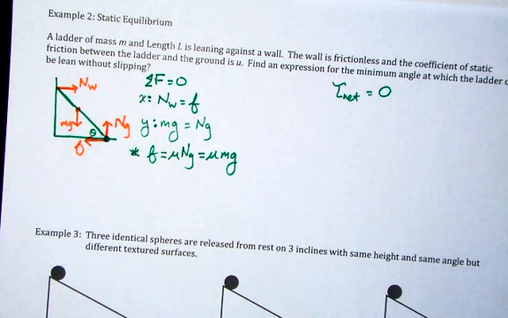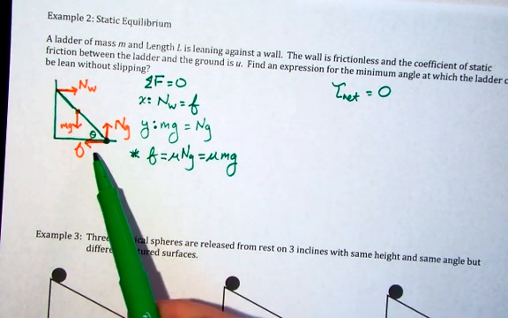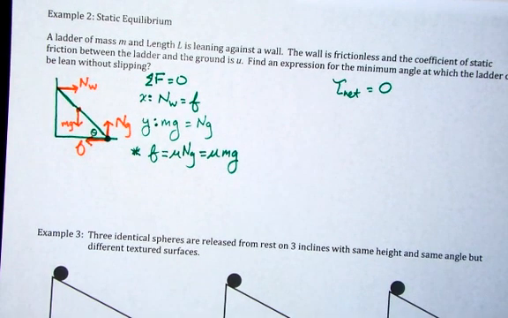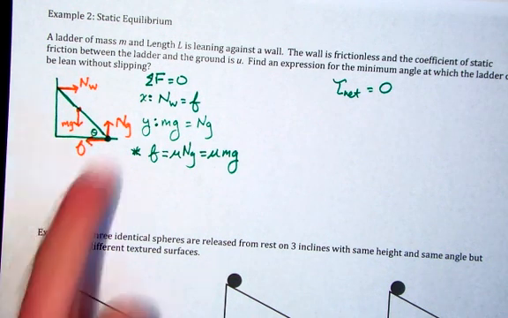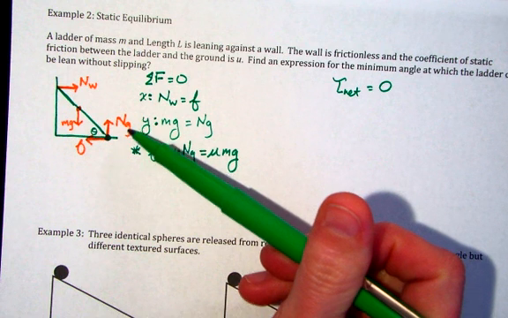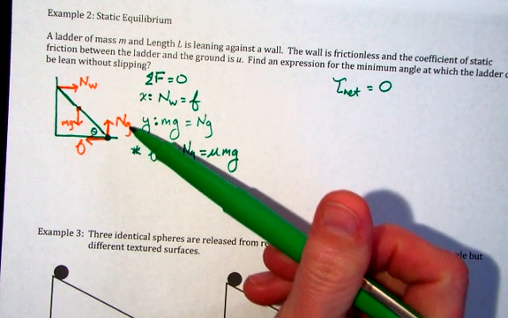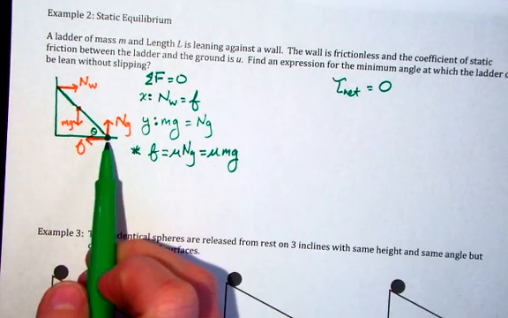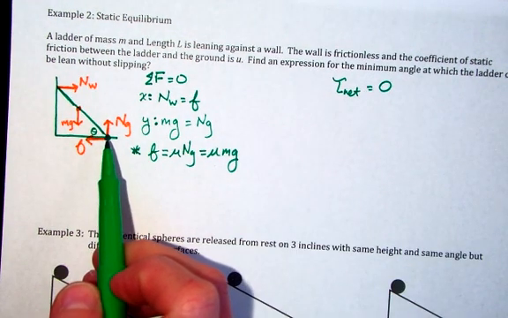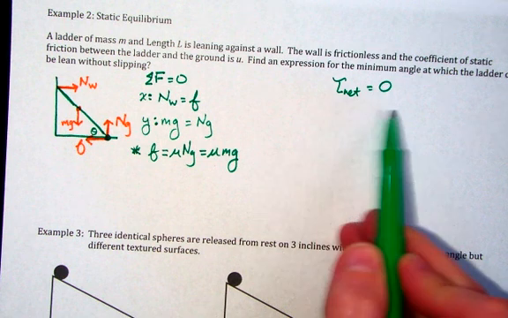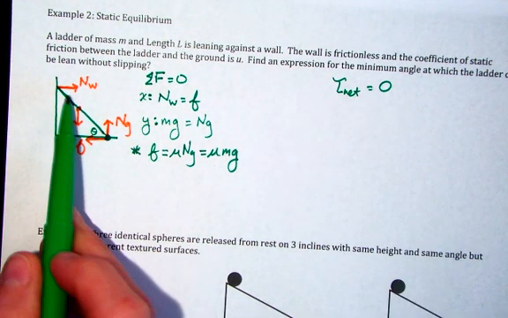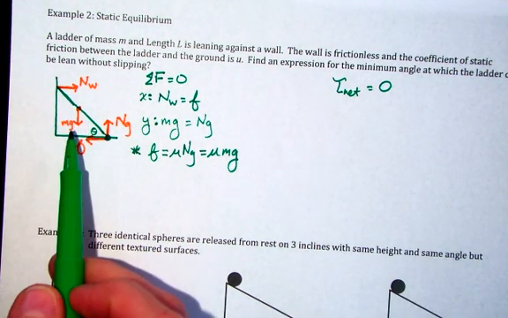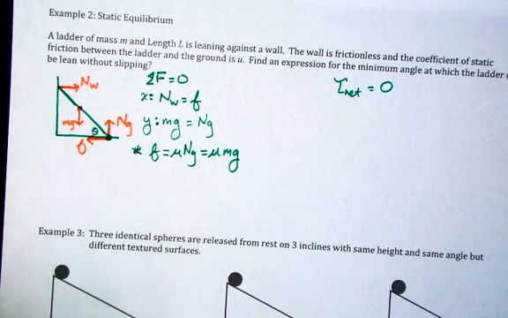The torque at the pivot point is 0. That's really helpful because how many forces do I have at the pivot point right here? I have 2. So when I'm setting up torque equations specifically, the torque caused by the normal force of the ground is 0, and the torque caused by the friction force at the ground is also 0, because their radial distance from the pivot is 0. So when I'm setting up my net torque equation, I really only need to take these 2 forces into consideration.